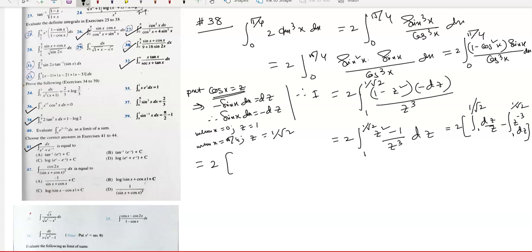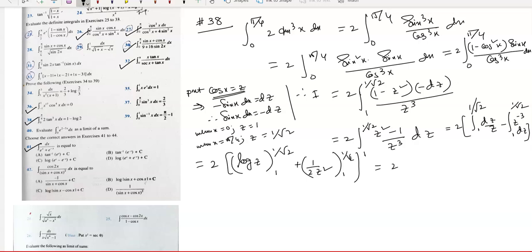So if you do, it will be log z from 1 to 1 by root 2. This is z to the power minus 3 plus 1 by minus 3 plus 1, that is minus 1 by 2 z square.